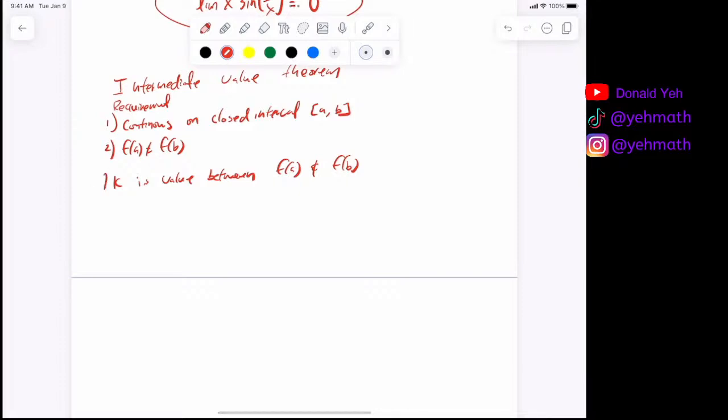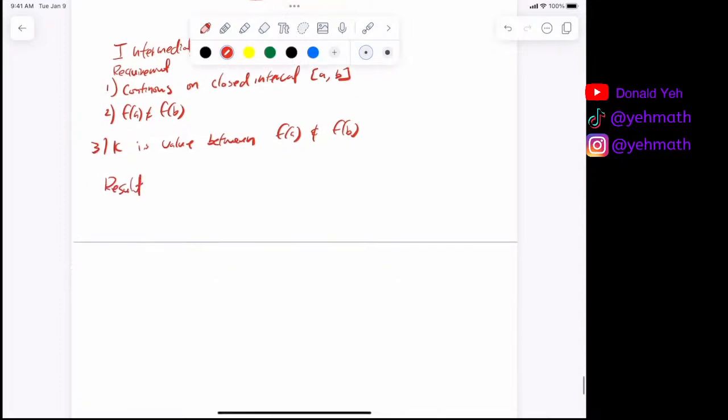Okay, so I think that's a third requirement. Now the result is this. Then there is at least one c in (a, b) where f(c) is equal to k.